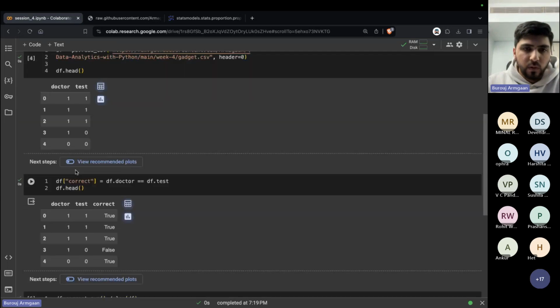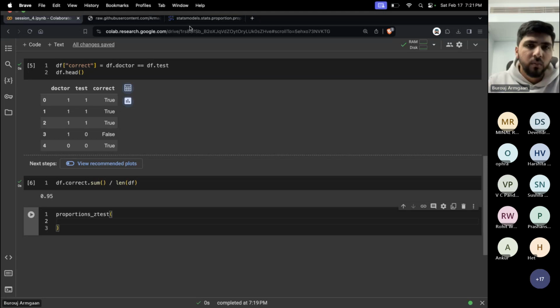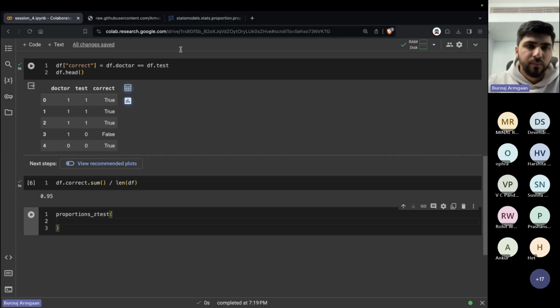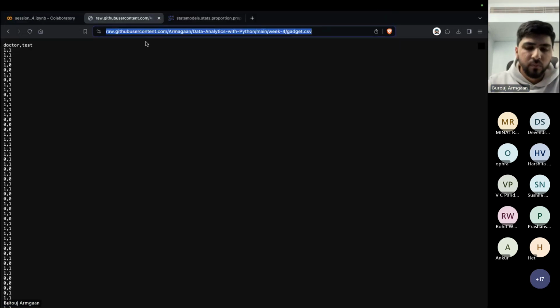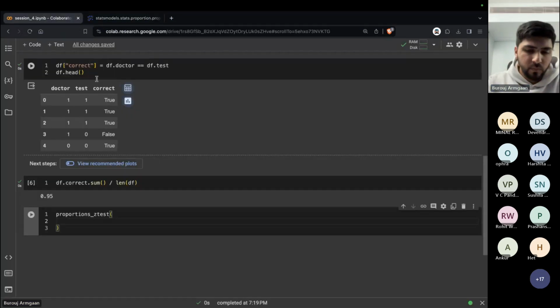Okay, so if we want to use this, what is the name of the function? It says proportions_ztest, and it takes count. In this case, count will be df.correct.sum().